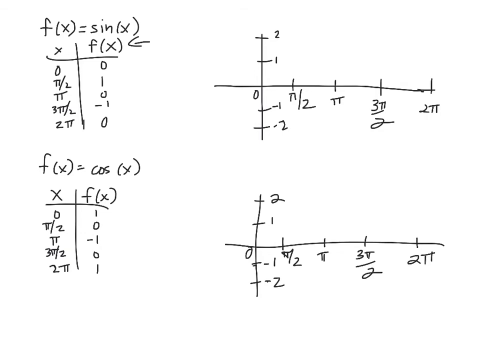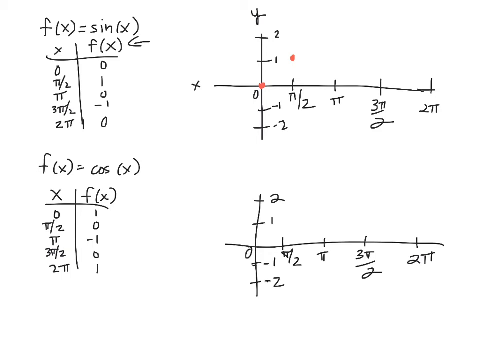All right, so for sine, I'm going to do sine in red. When x is 0, f of x equals 0. When x is pi over 2, so we go to the right pi over 2, we go up 1.